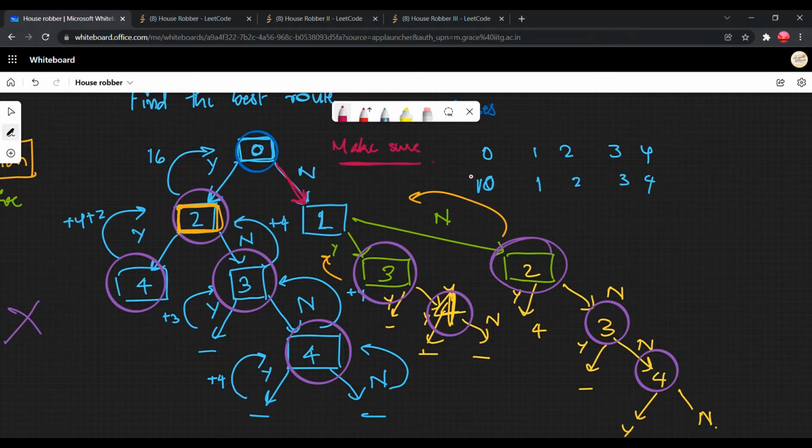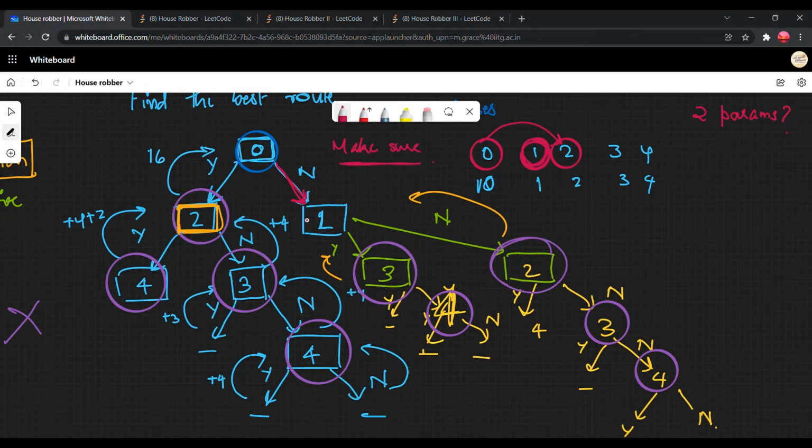Because what's the point if I say no at 0 and then no at 1, then I'm looting 2. But I could have just gone from 0 to 2 directly. So if I call something with a no, I have to make sure that it's looted. So I'm basically passing 2 parameters into the function. Okay. But is that required?